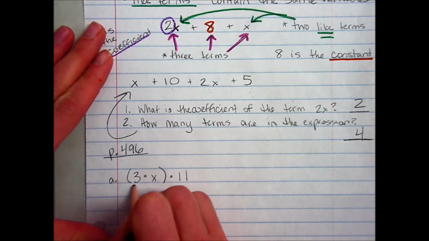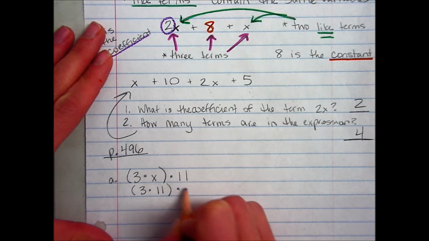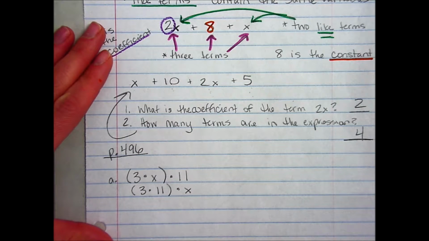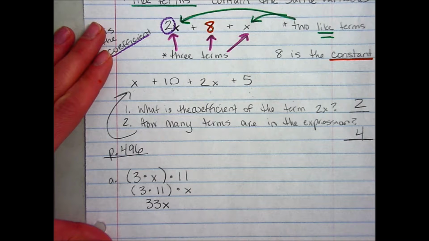Okay, so we're going to combine 3 times 11. Remember, we've learned properties that say this is okay. All right, and so then 3 times 11 is? 33. 33 times x. We don't have to put the dot. We just put the number right next to the variable. It means multiply. And we're done.